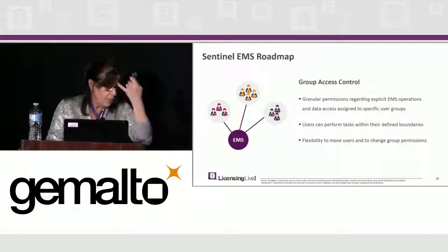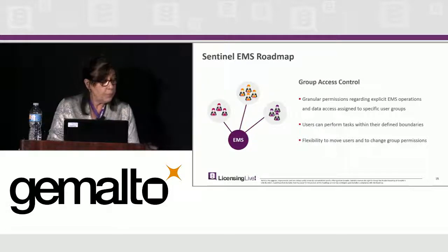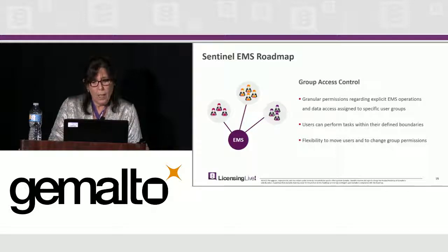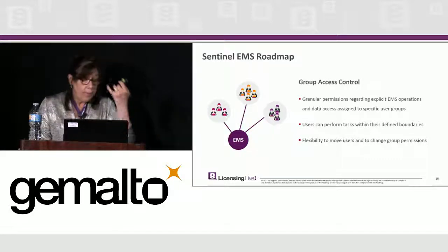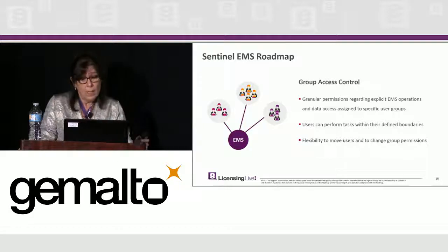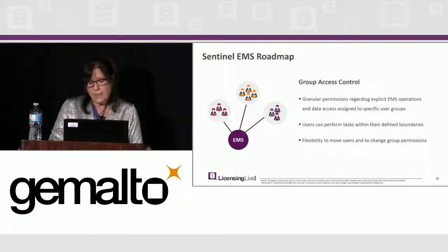So, for example, vendors with large product portfolios and multiple business units often need to maintain separation of tasks on the business unit level in order to ensure that only the right people with the right set of permissions can perform certain operations. This could also be required in various scenarios where one or more business units deal with sensitive user information that can't be exposed to other business units or other groups.